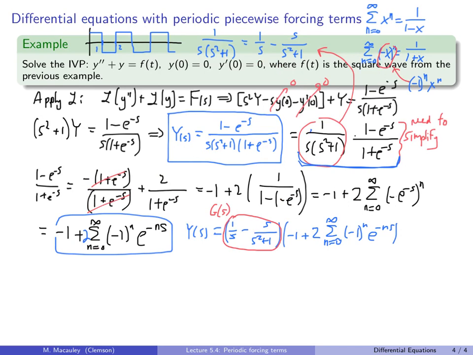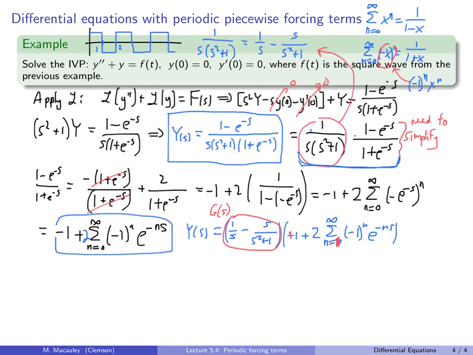So in this series, the n equals 0 term is 1 times 1 is 1, times 2, right? So I'm going to take this series and start it at 1. Again, the n equals 0 term is 1, and there's a 2 out here, and that is going to cancel with this negative 1. So I'm going to start from 1, and I'm going to make this negative 1 term positive 1. Okay?